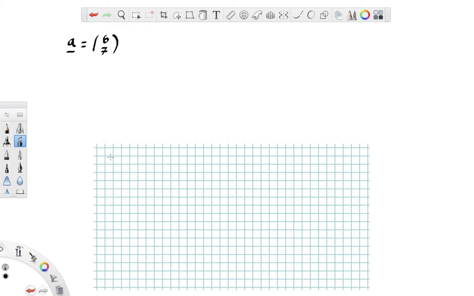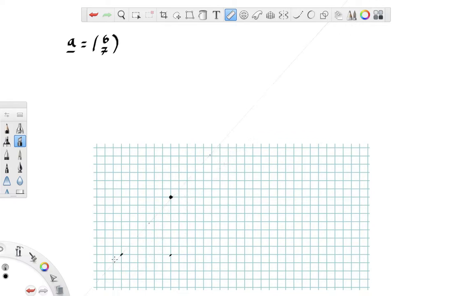So we can then draw this vector, and we'll do that. If we start at this point here, we go across 6, so 1, 2, 3, 4, 5, 6, and then we go up 7 units, so 1, 2, 3, 4, 5, 6, 7. So like that. Then we will just match these lines up.